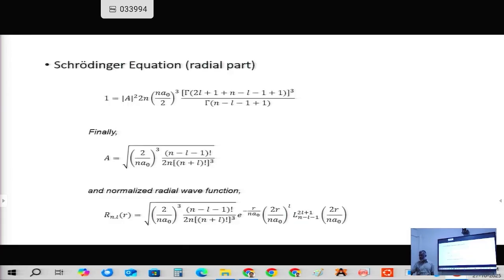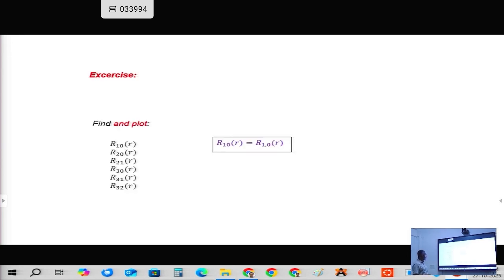If you just search Legendre polynomial on Google, it will give you all of them. n equal to 1, l equal to 0 means it is 1 minus 1, 0. So this is L0, and L0 means 1, so L01. That is available in the literature, which you can use, and you can plot this and see how it looks.